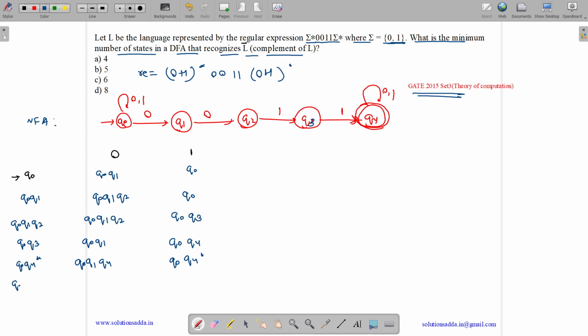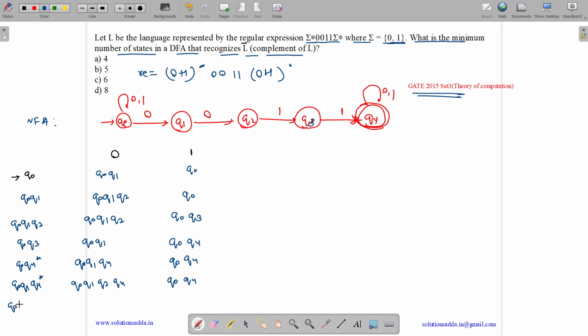Now we have Q0, Q1, Q4. Let us represent the final state on the left hand side only. Since it has Q4, it is a final state. Q0 on a 0 goes to Q0 as well as Q1, Q1 on a 0 goes to Q2, and Q4 on a 0 goes to Q4. Now Q0 on a 1 goes to Q0, Q1 on a 1 goes nowhere, Q4 on a 1 goes to Q4.